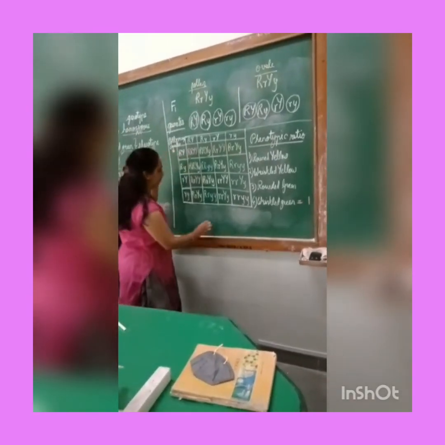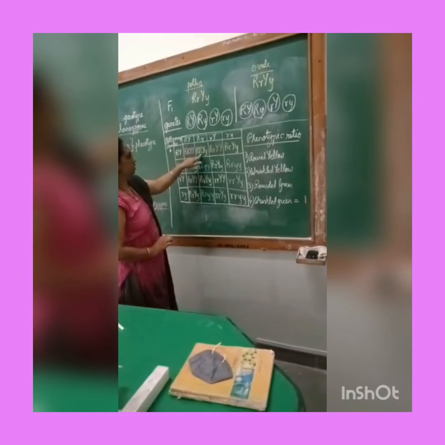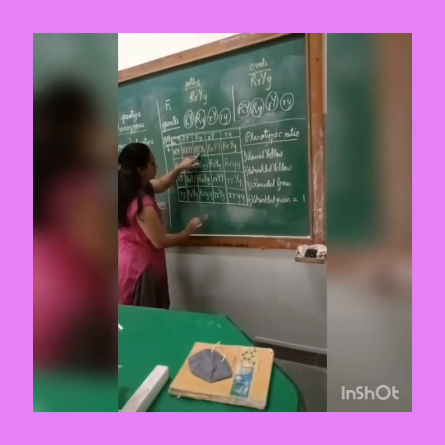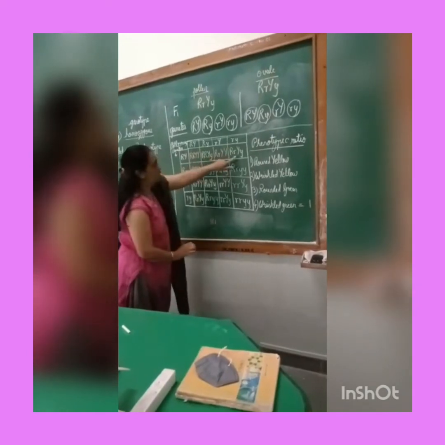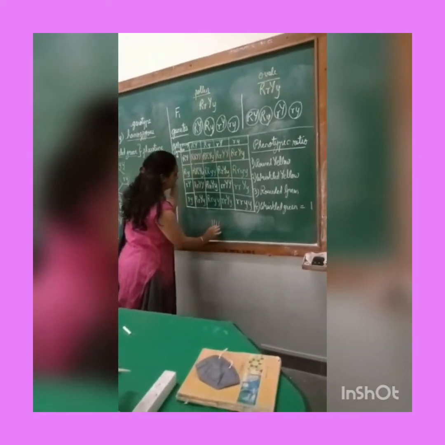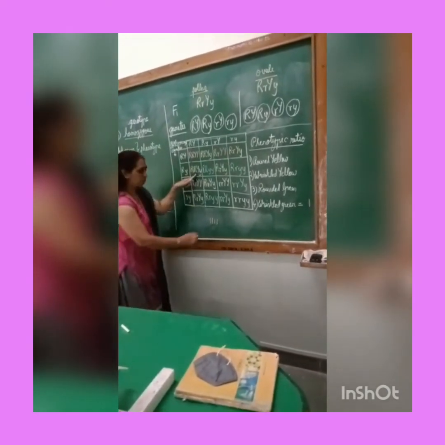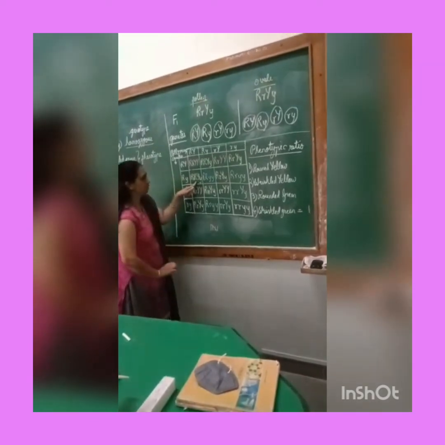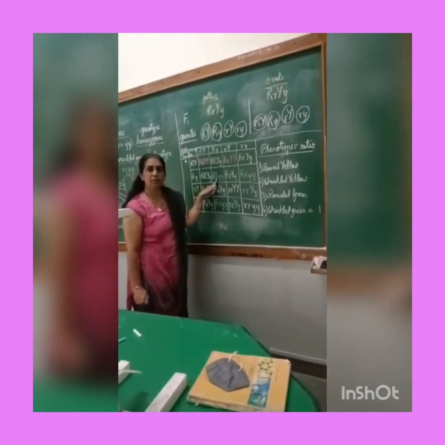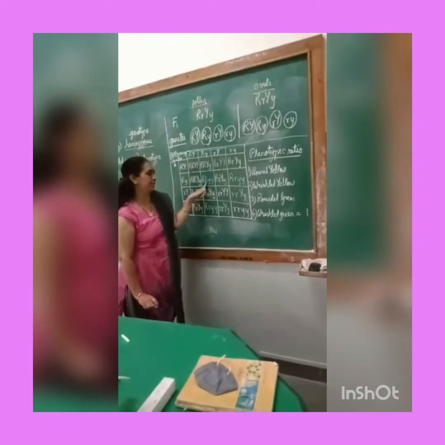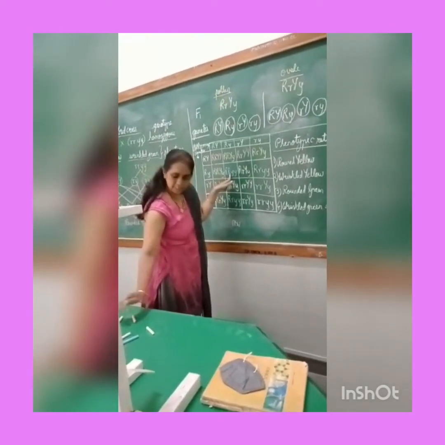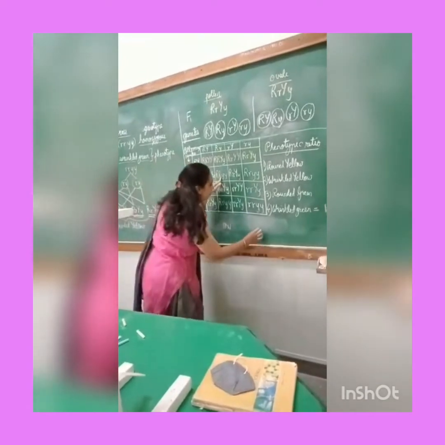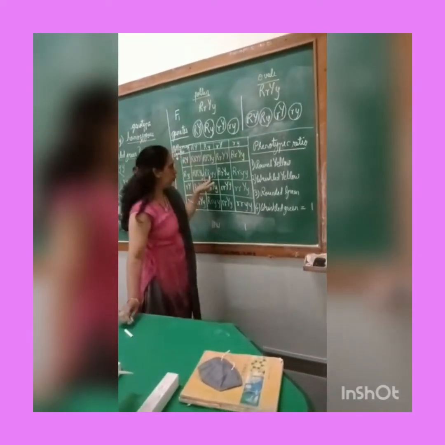Just keep on counting. So 1. This will also be rounded and yellow. So 2. Rounded and yellow. 3. Rounded and yellow. 4. Rounded yellow. 5. How will this be? Rounded and green. So we will not consider it just now. We will just put another color for that. This is rounded and green. 1.